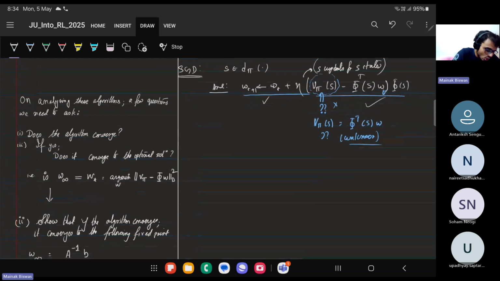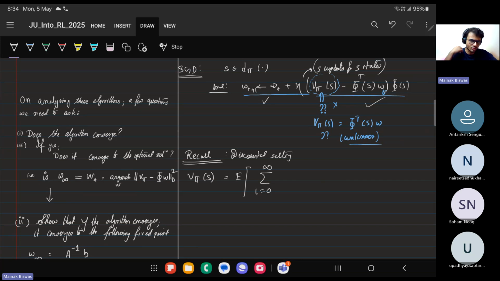So let us recall what is V pi of S. Do you recall? So let us write a discounted setting. From i equal to 0 to infinity. So it's an infinite horizon problem, whatever problem you want to solve, so this will encompass everything. So what will we have?